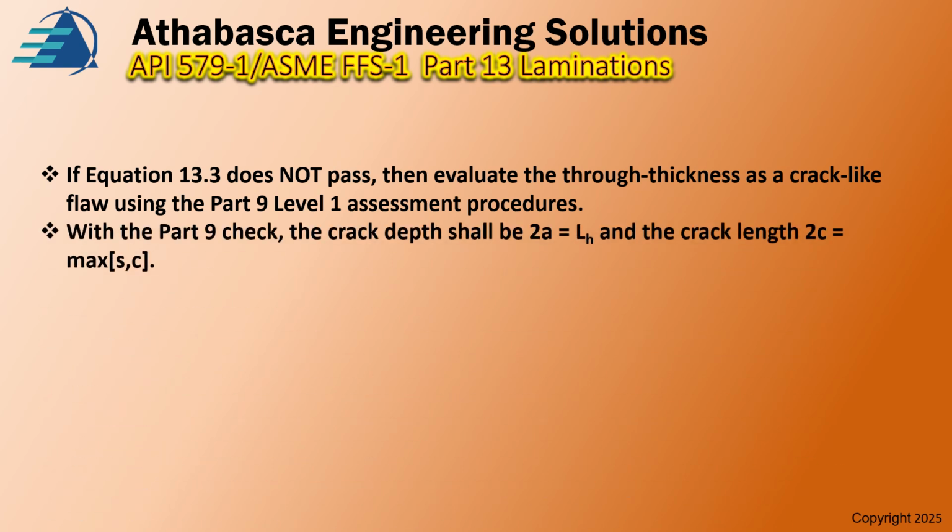Another issue is that with Part 9 checks, we should be checking the crack depth, where A1 is equal to LH, and then we use that to feed into the calculation, and the crack length 2C is equal to the maximum of S and C.